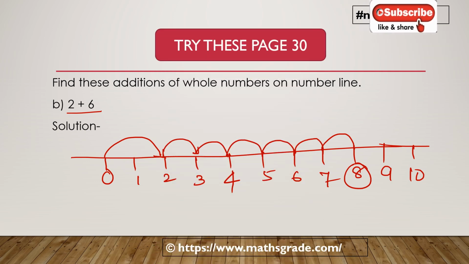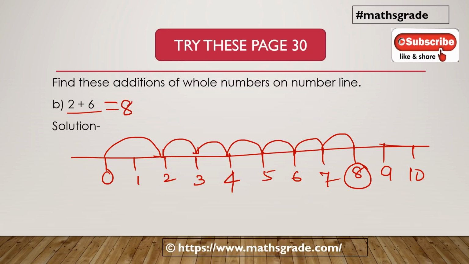This is the number 8. So 2 plus 6 is 8. This is the representation of the addition of 2 plus 6 on the number line, and we have 2 plus 6 is 8.